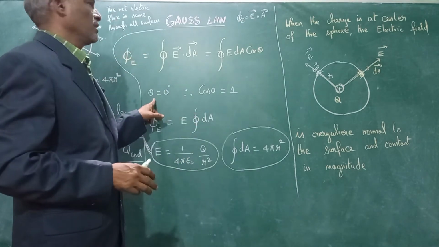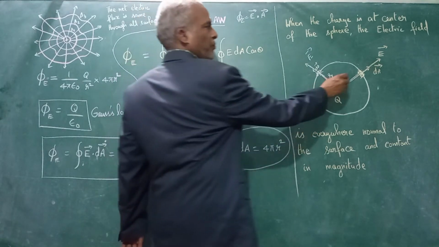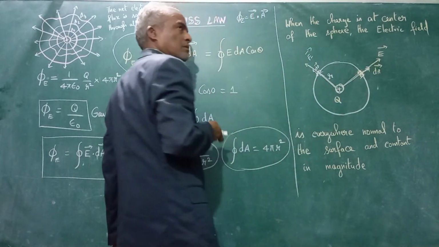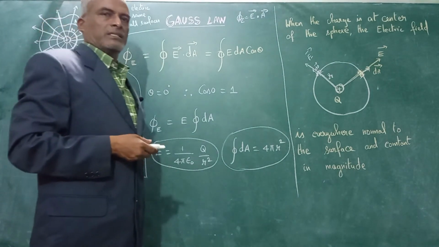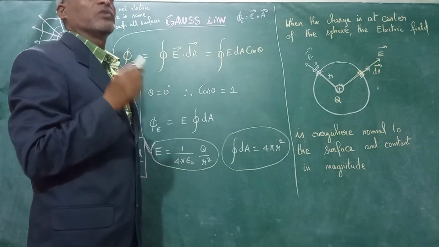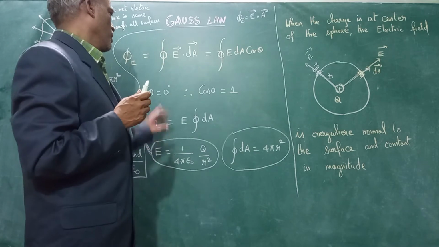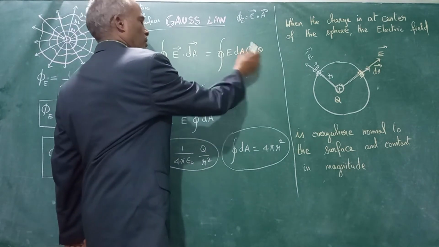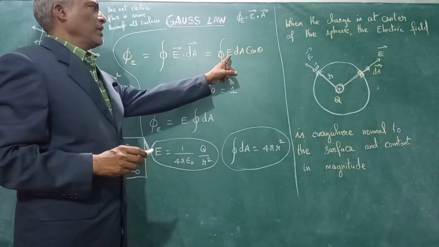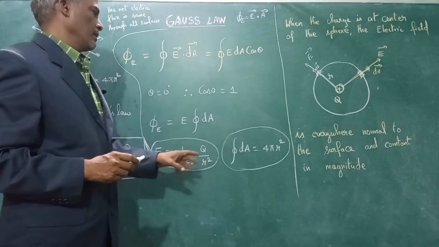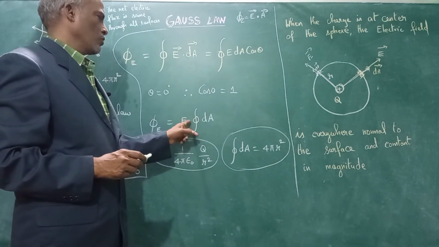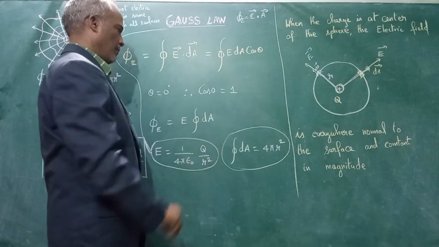That means theta is 0, and cos 0 is 1. So this value becomes 1, and E is taken outside the integral. So phi E is equal to E times the closed integral of dA.